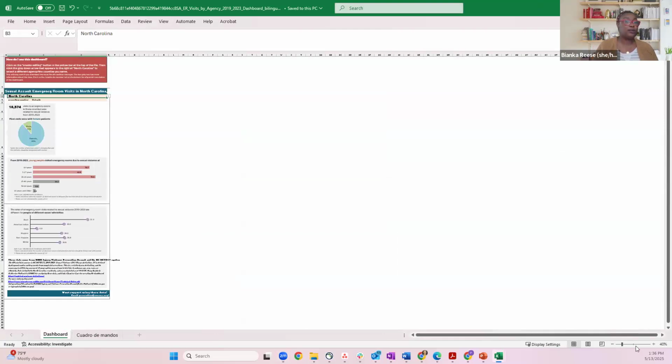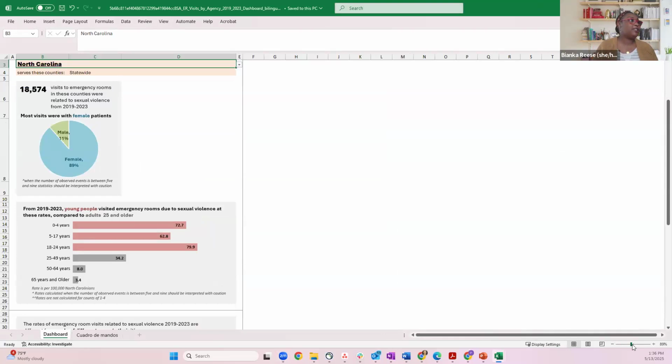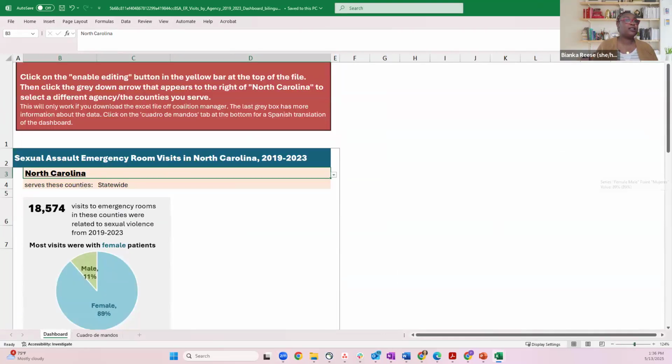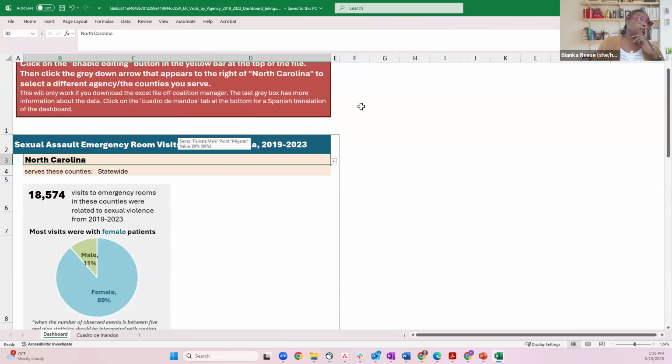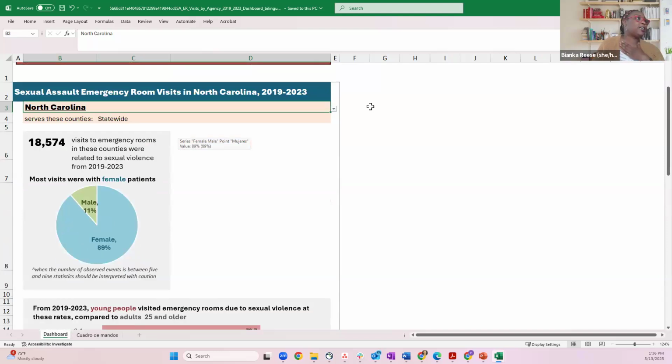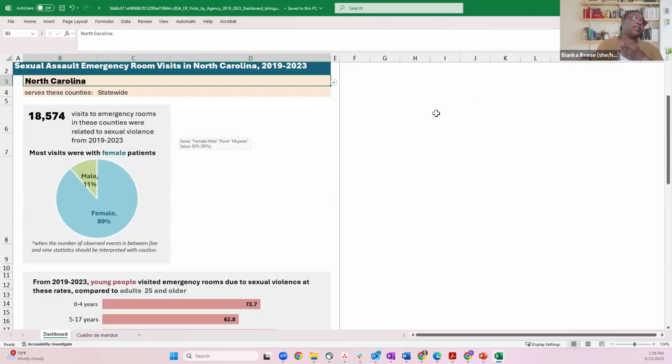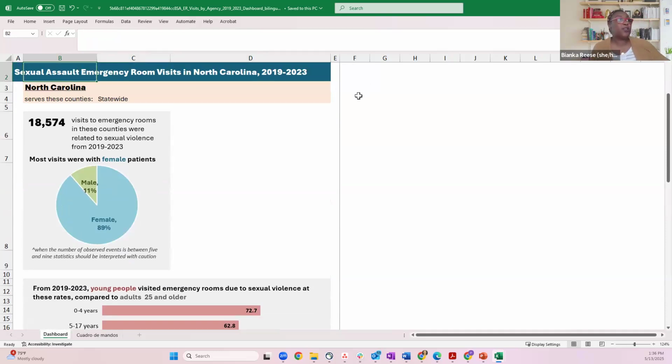So I'm going to zoom back in so we can see the different components. The top part just gives you instructions on how to use it and access it. So we get on row 2 to the fun stuff. This is the sexual assault emergency room visits in North Carolina from the years 2019 to 2023.